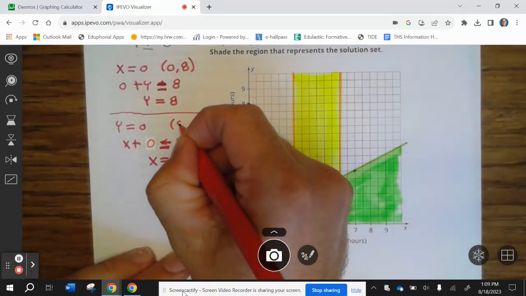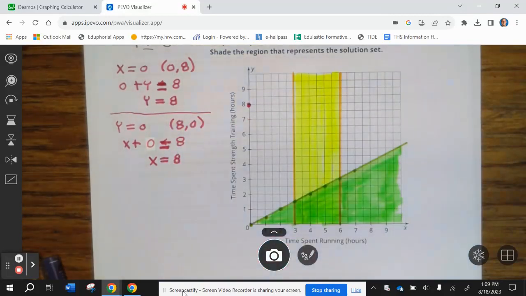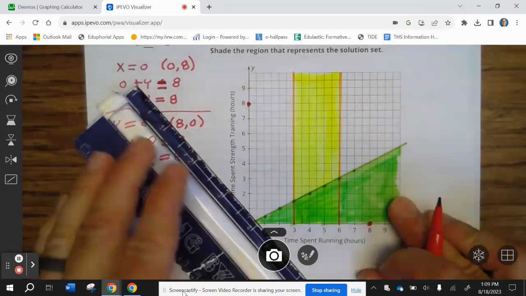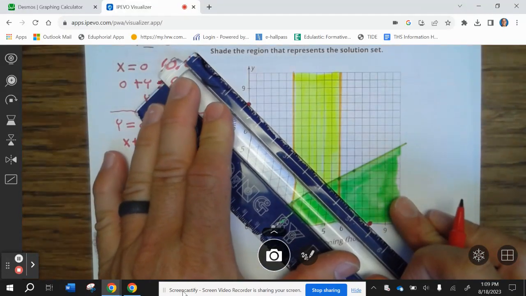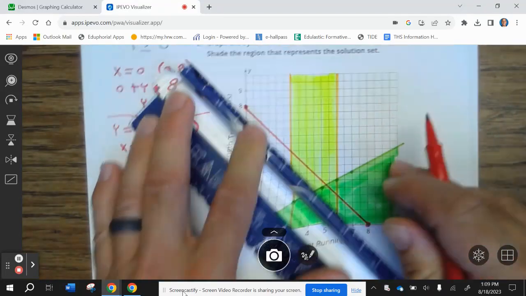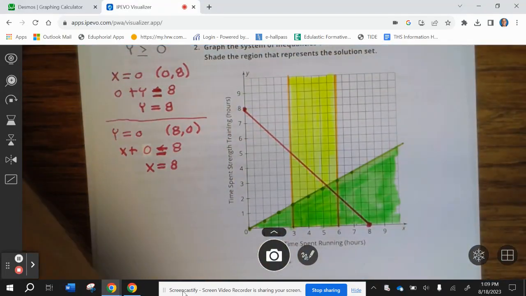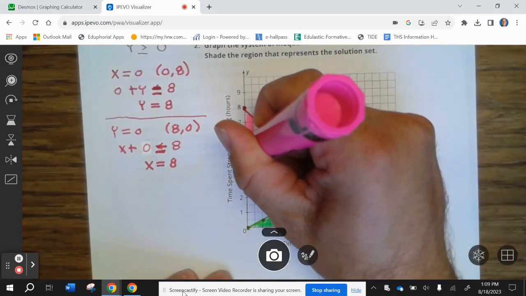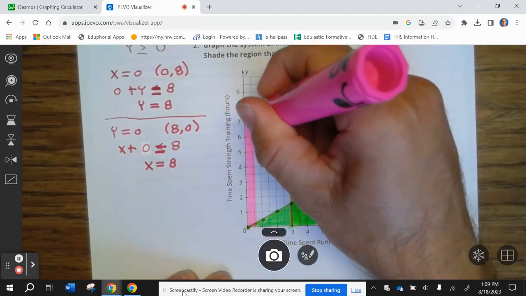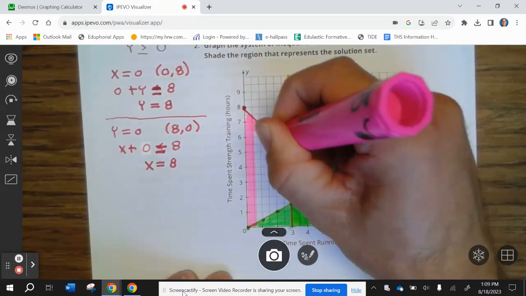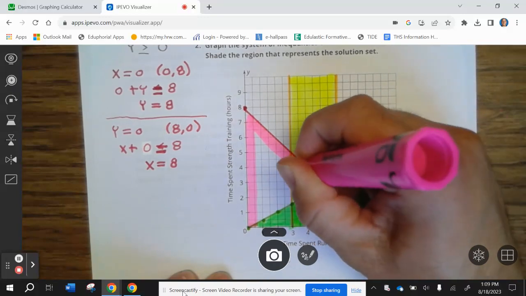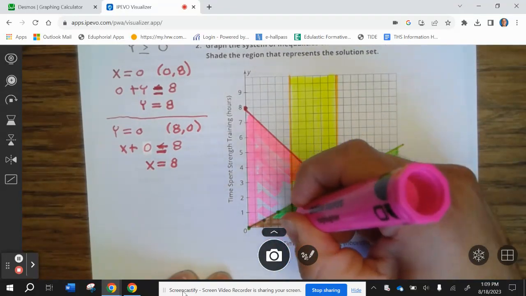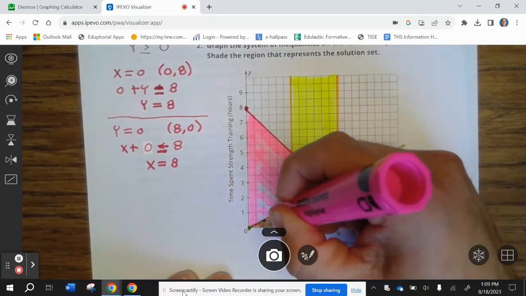So your point is 8, comma 0. Now, it's less than, so you shade below. Now, you can see that overlaps there, but we're looking for the overlapping region for all of it. So you're looking for when it really overlaps.